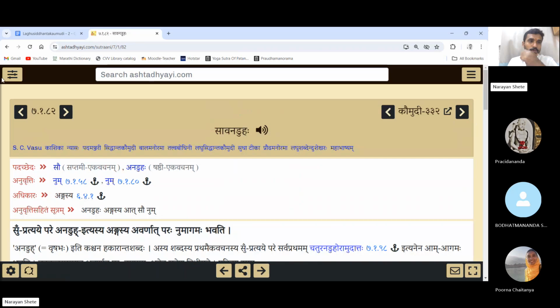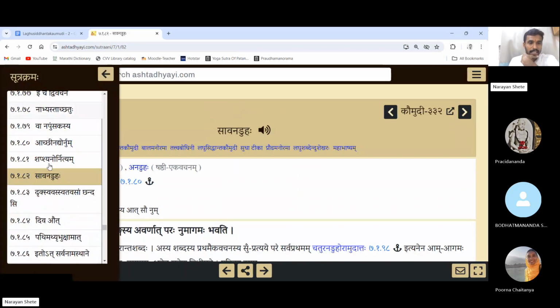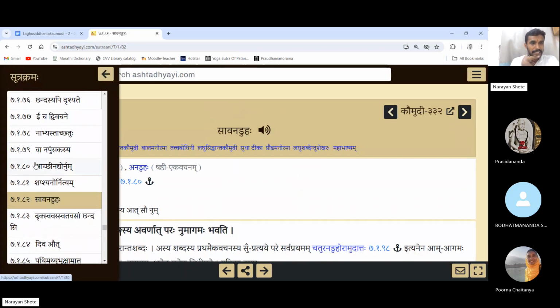Here there is savanaduha and here there is achinadyornum. In this sutra, at is there. This at is Panchami Vibhakti Ekavachana of akara. Akara is declined. So, at from akara.